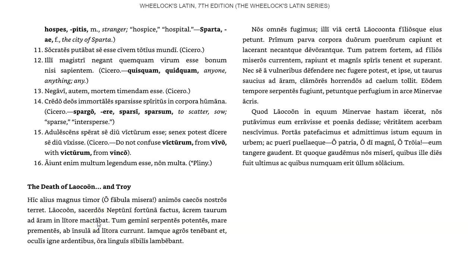Was sacrificing. So we just have to look up the vocabulary here. Was sacrificing. Well, here we're looking for our direct object, acrem taurum, literally a fierce bull, to the altar on the shore. Then, so there he is on the shore making a sacrifice.